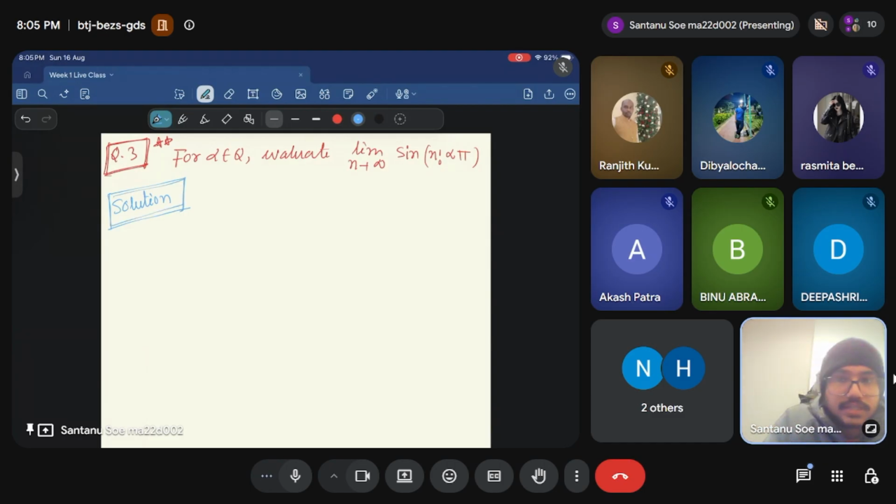Does anyone have any idea how to solve this question? This is a very interesting one, right?